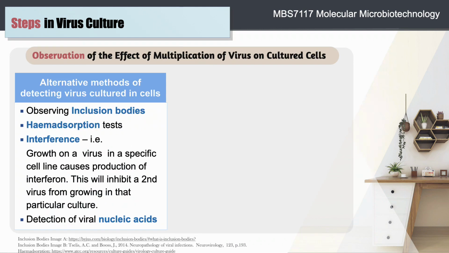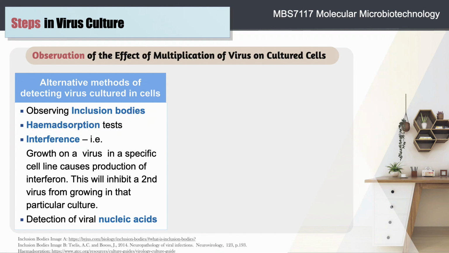We're still continuing with the observation of the multiplication of viruses in cultured cells, and we're looking at an alternative method to observation of CPE, because not all cell cultures where viruses are passaged will give you CPE.